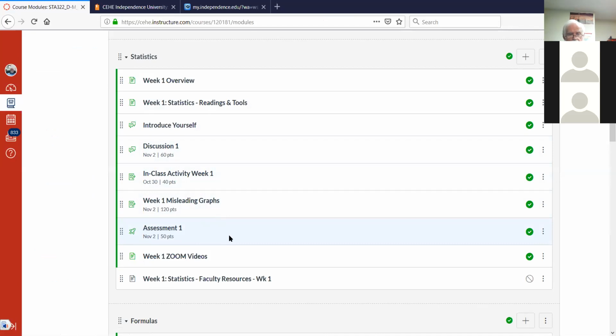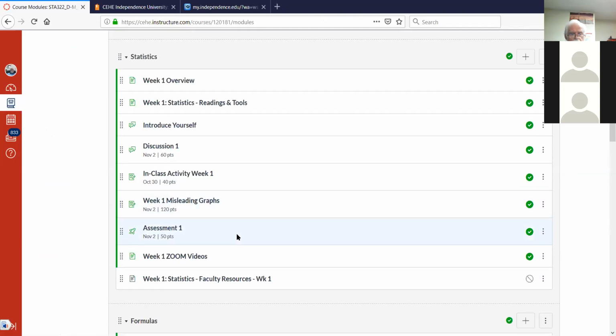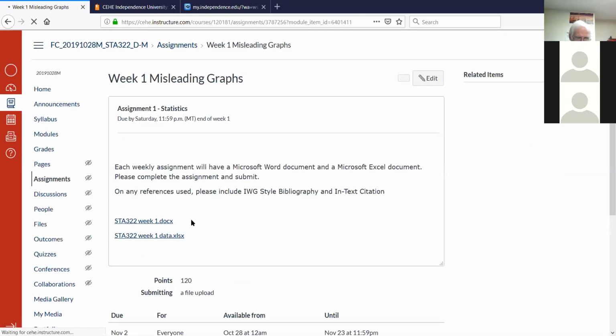For the misleading graphs, remember you've got a document and a spreadsheet to use. So this is a little different. You're looking at something outside of this for the in-class activity. Does that make sense? Yes. Any other questions? Nope.